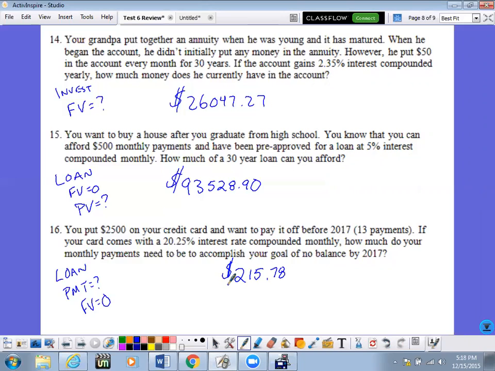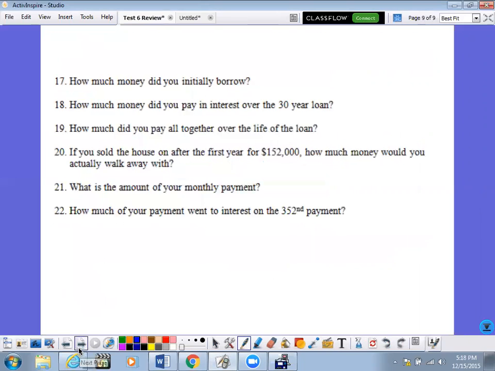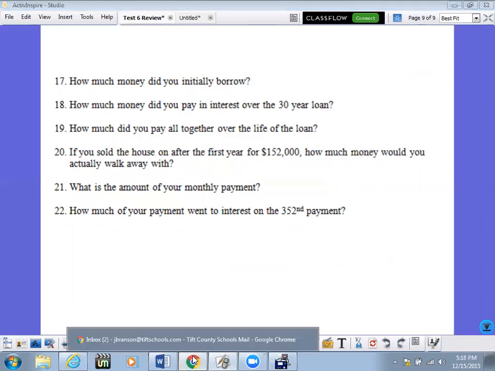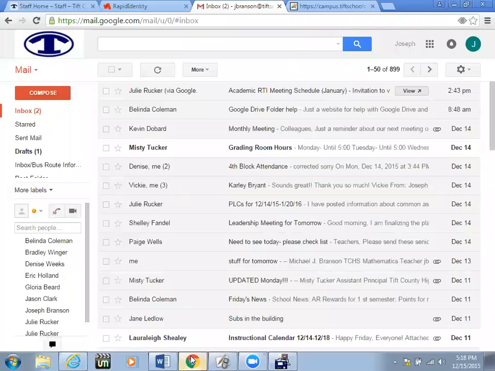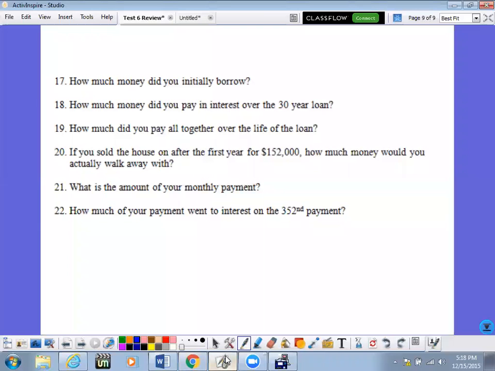All right, last part. We had a chart that we dealt with on this. Let me see if I can pull one up. Matter of fact, let me not do that. But based off of the chart, what I'll do is I'll give you some notes on this. How much did you initially borrow? When we had the chart, matter of fact, I might be able to pull this up.